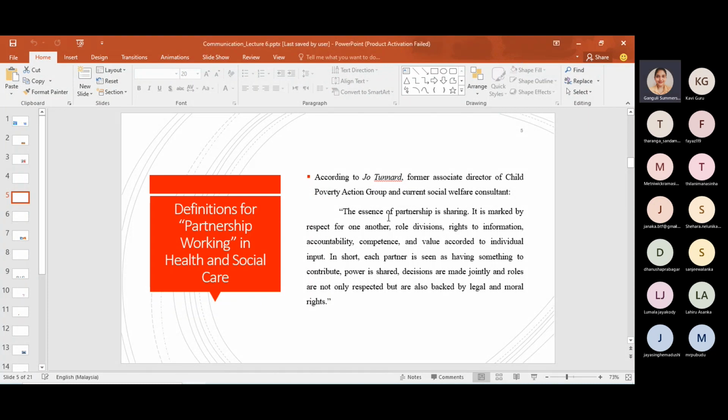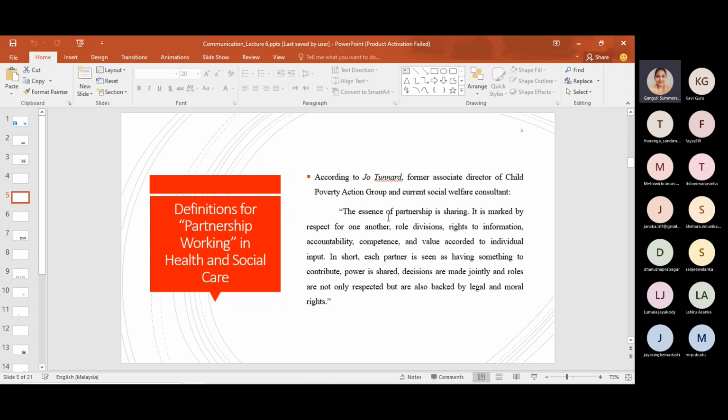First of all, there is this person called Joe Tunnard, a former associate director of Child Poverty Action Group, and he's a current social welfare consultant as well. So this is how he has defined partnership working in health and social care.